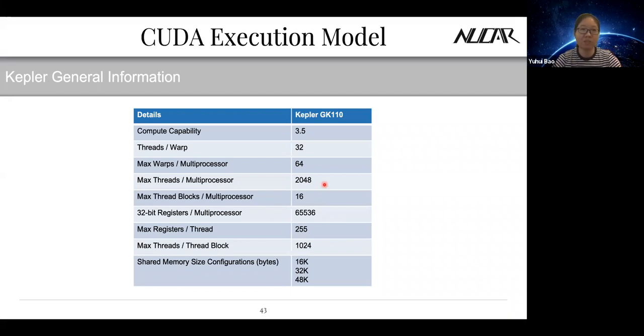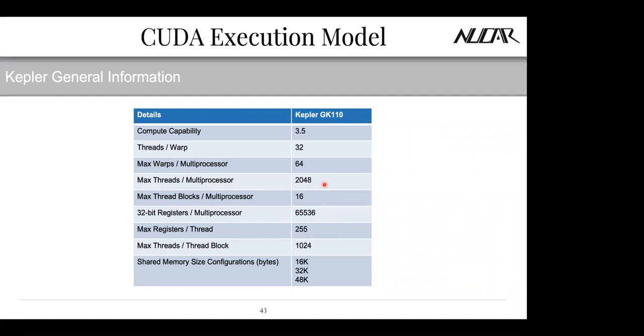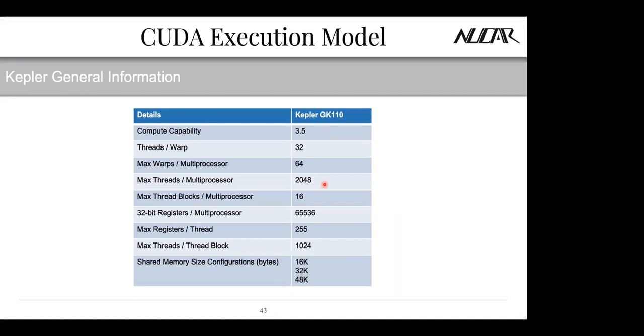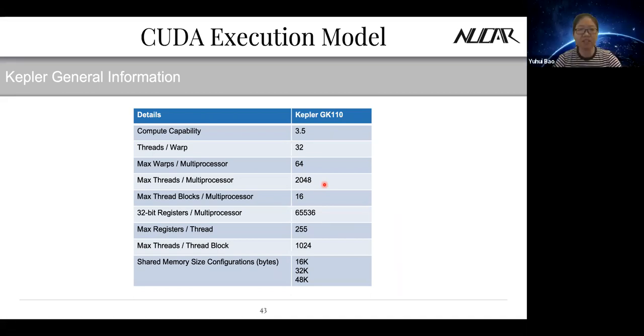What's the performance difference? The point I mentioned in the lecture is just to help you understand there are some limitations in the hardware and how these warps or blocks are launched into the hardware.